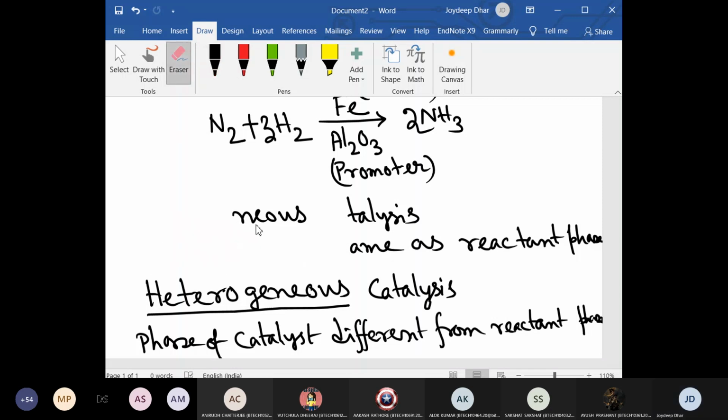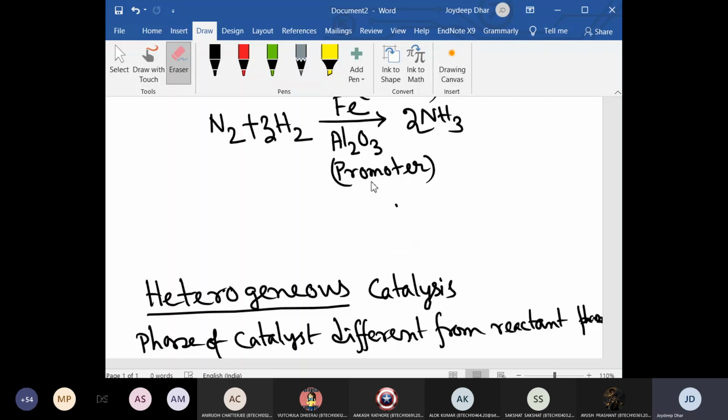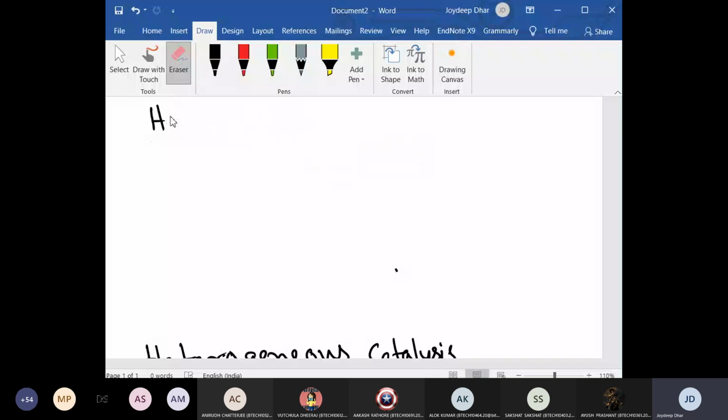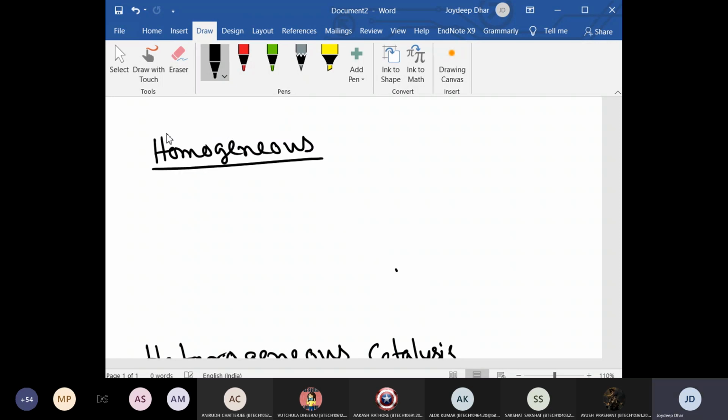So when reactant and catalyst are both in the same phase, just like for H2SO4 production, the reaction produces SO3, so you can balance the reaction.